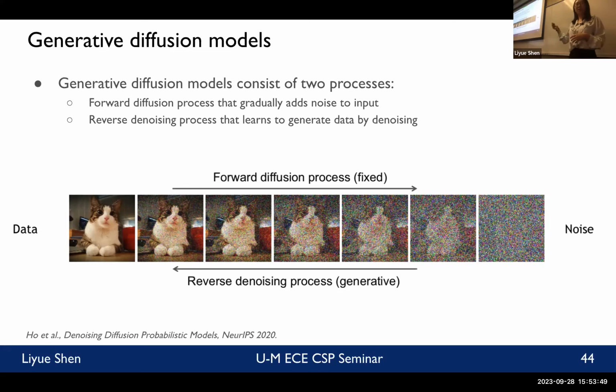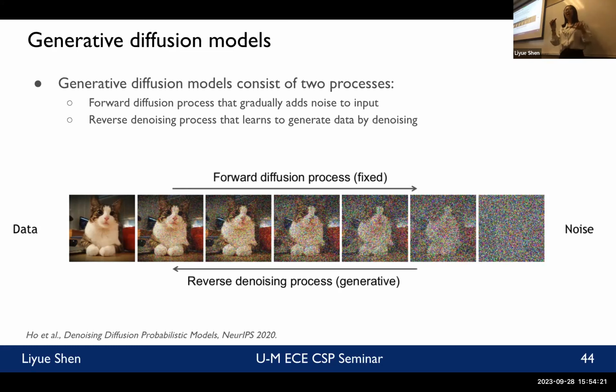In the forward process, we add noise gradually, step by step, to the clean image, and finally get a noise sample belonging to the prior distribution, which is the Gaussian or standard normal distribution. In the reverse process, which is the generative process, we sample something from the normal distribution and then want to resample the clean data from the underlying distribution that we want to capture through this kind of model.